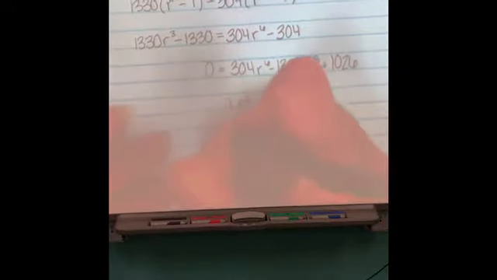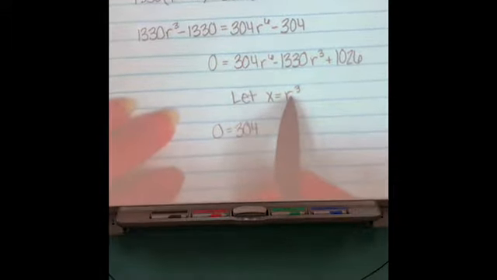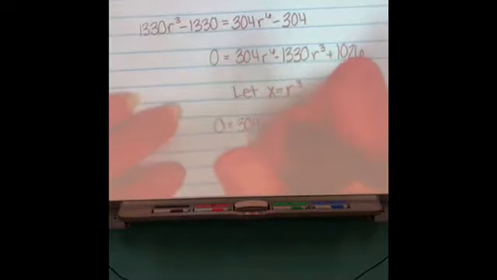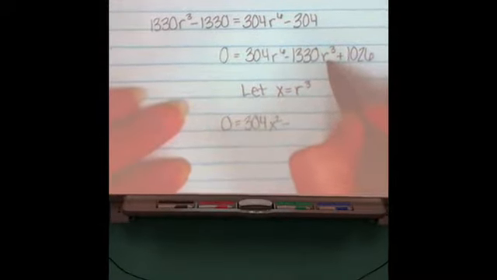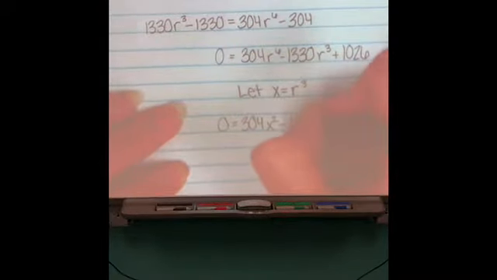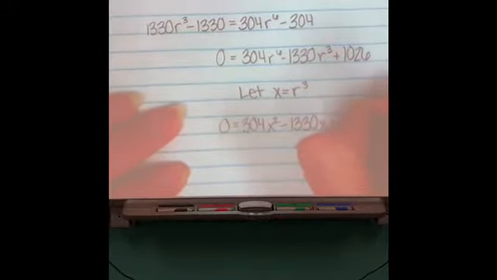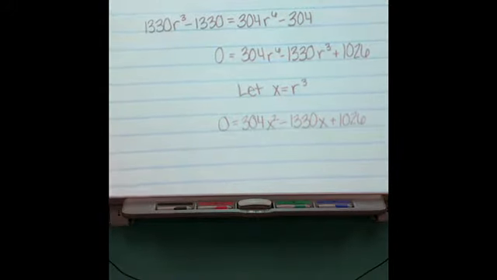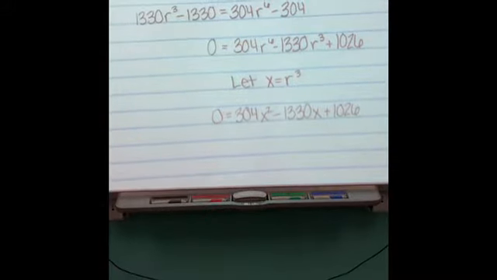So we would just write 0 equals 304, and if x is equal to r cubed, then this would become x squared. And then r cubed would become just a plain old x. And then you have a quadratic equation. So that means that you can go ahead and use the quadratic formula.